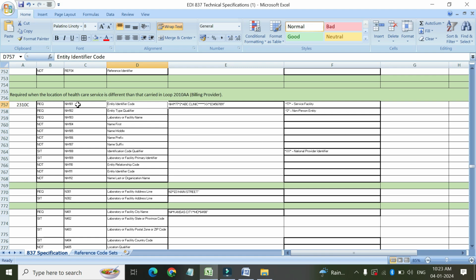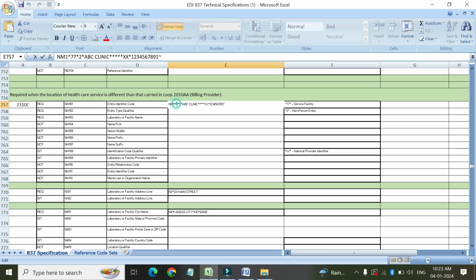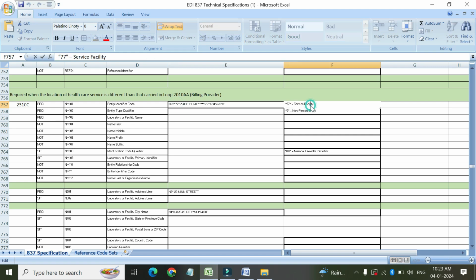and again it's NM1 segment, so the same pattern follows. First element will contain the identifier code, which is 77, which means this is a service facility. Second will have the entity type qualifier, and obviously a service facility is a non-person, so this will be 2. First name, middle name not applicable, prefix, suffix not applicable as it's a non-person.